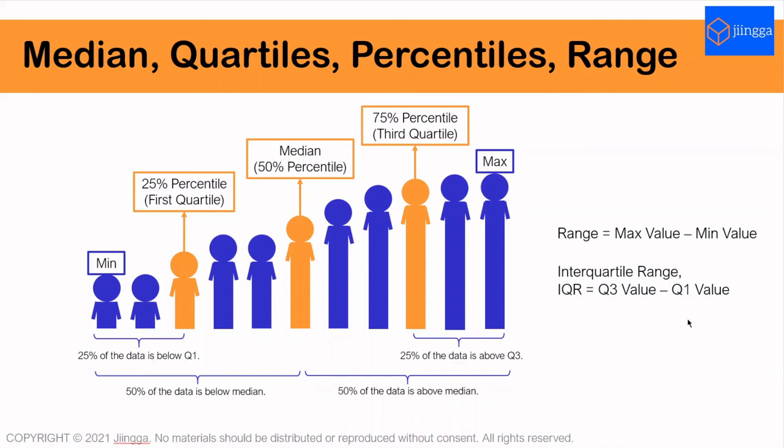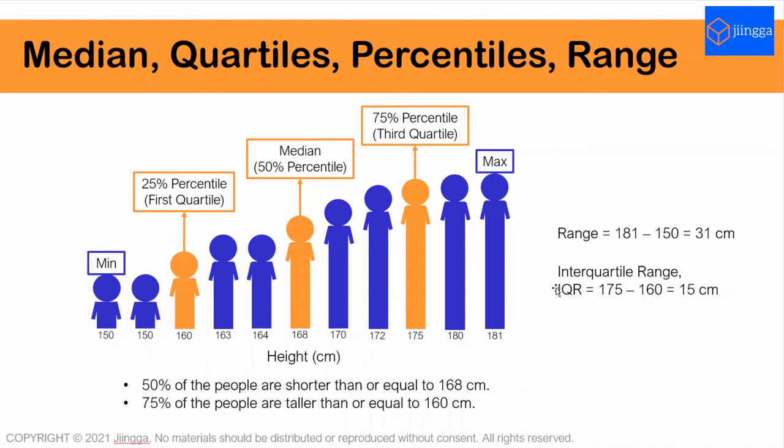Another measurement that we can use to identify dispersion is the interquartile range, or we call it IQR, which is we use the third quartile value to minus the first quartile value. For example, here the third quartile threshold is given by 175 cm, while the first quartile is given by 160 cm. Therefore, the interquartile range is given by 175 minus 160, so equals to 15 cm.